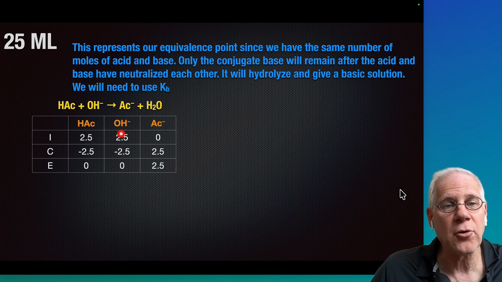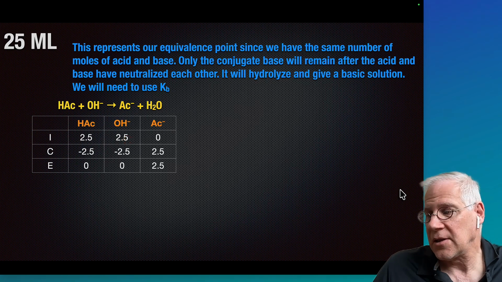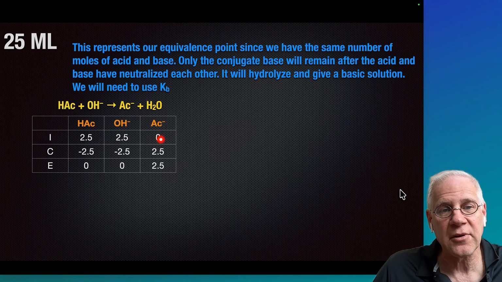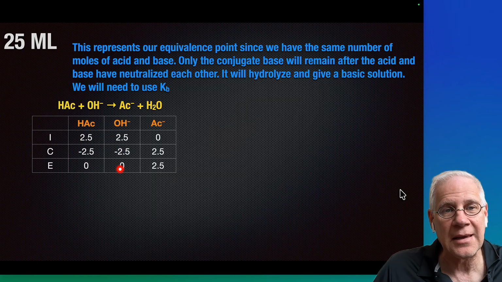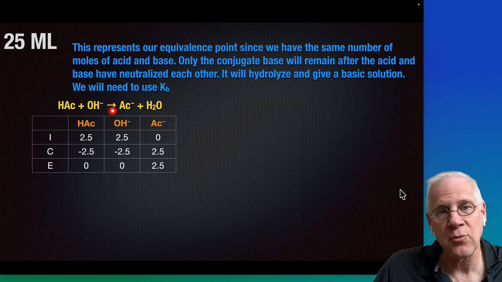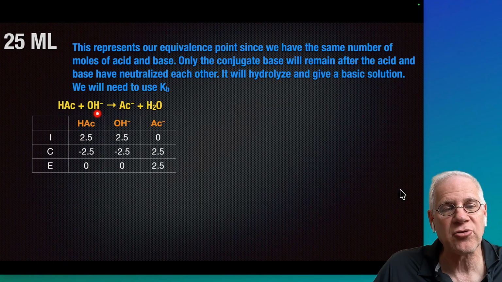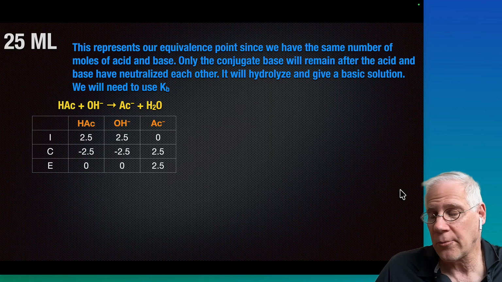We have 2.50 millimoles of hydroxide, and at the start we have no moles of acetate. All of these will react with each other, and we're going to have none left at the end of that reaction. Again, we have a one-way arrow because we have a strong base. Anytime you have strong acid or strong base present in a reaction, it's always going to have a one-way arrow.